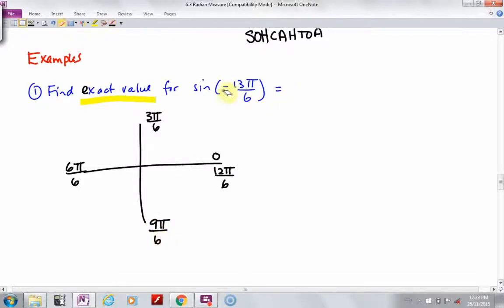And we want to go in the clockwise direction because we're doing negative, and we want to go negative 12 and 13. So yeah, we're in the fourth quadrant, down here.